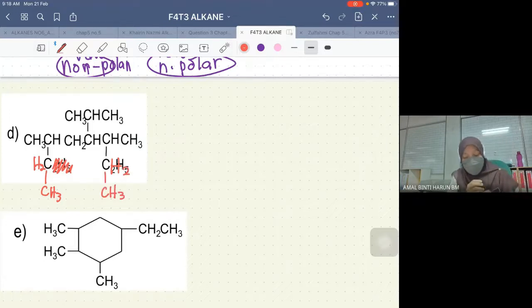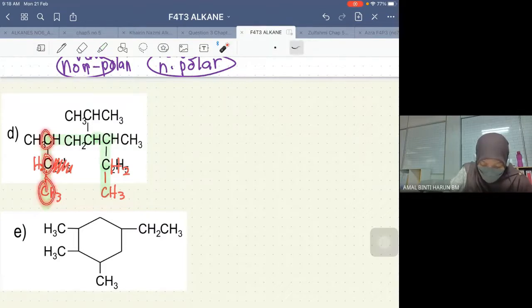So kita nampak dah siapa yang paling panjang carbon chain dia. 1, 2, 3, 4, 5, 6, 7, 8. Ada tak cara lain? Kalau pergi atas, 1, 2, 3, 4, 5, 6, 7.